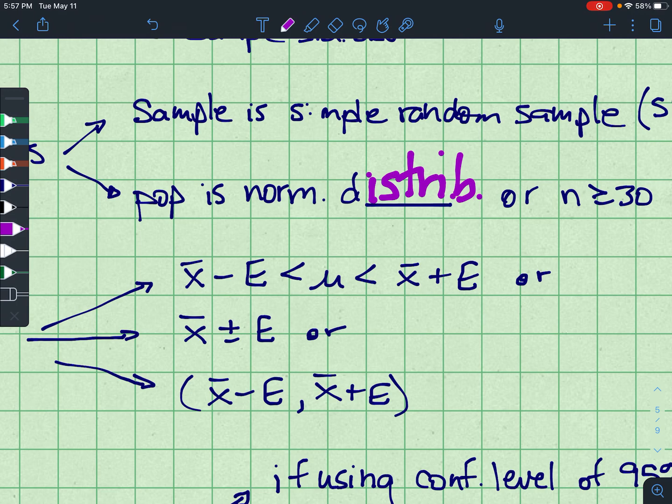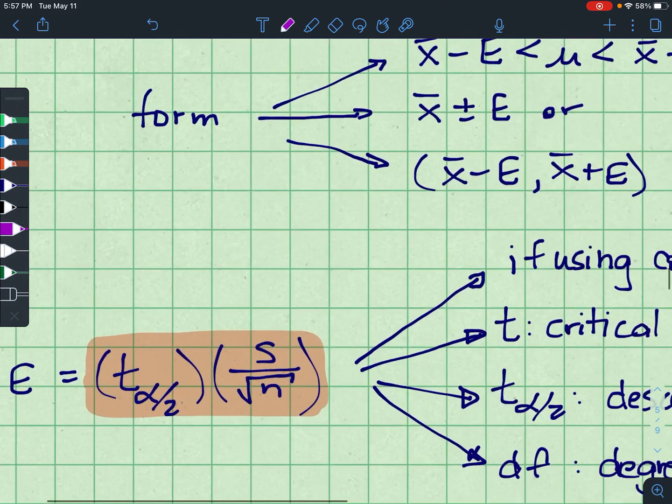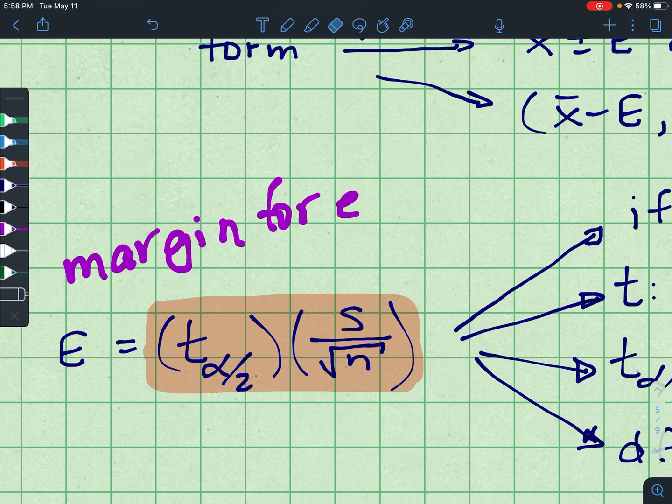Again, there are the three formats just like last time. And here is the first of two formulas. This is the formula for our margin of error. I should write that up here. Margin of error for our sample mean.